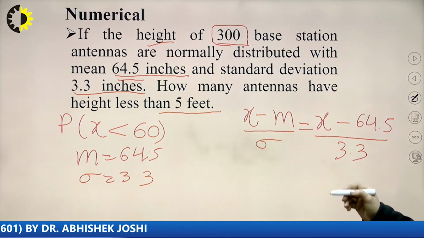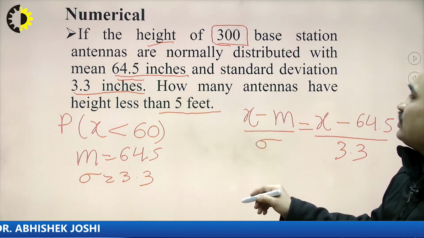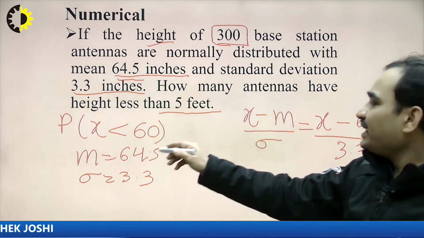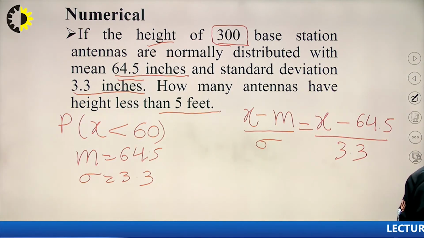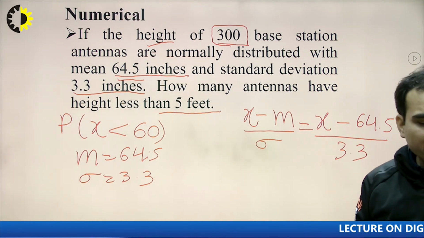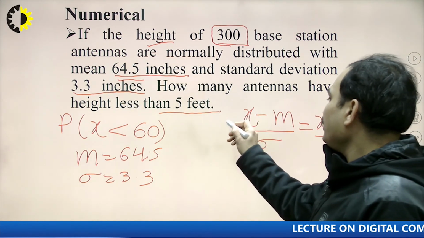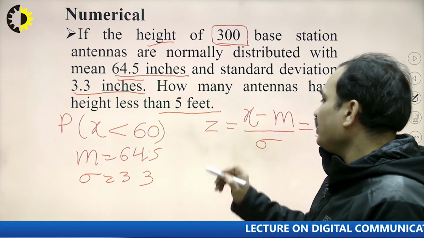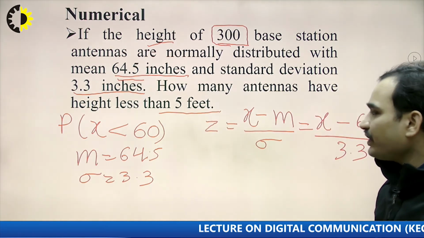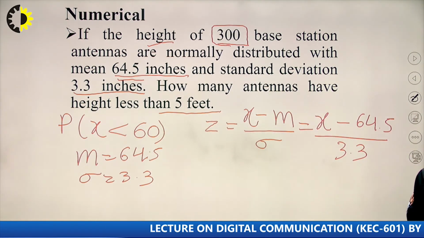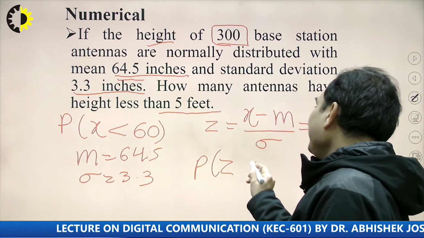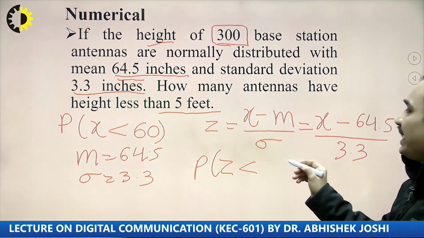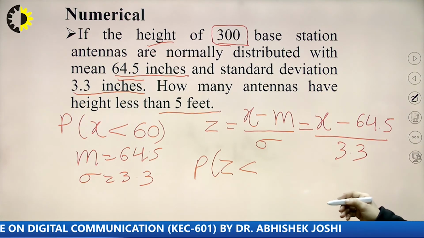So further solving it, what is the value of x here? For the particular value of x, x should be less than 60. So what do we have to find? If we denote it by some variable z, we are finding the probability that z is less than (x minus mu) by sigma.